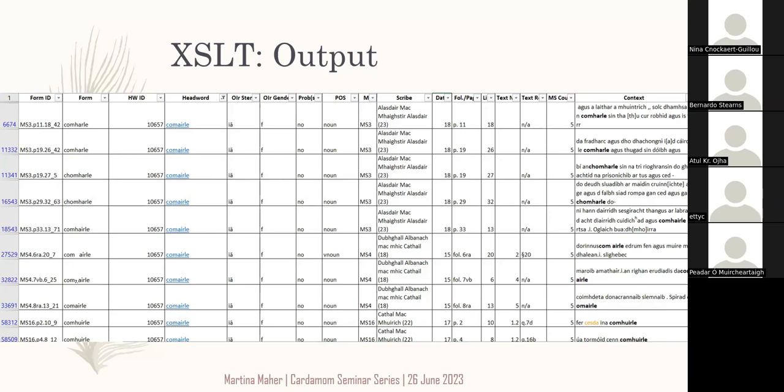And this XSLT is also what generates our supporting XML database that I mentioned earlier, and the headword from Scottish Gaelic is drawn into that, as I said, so we don't have to add it in every single instance, and it speeds up the input of data on our side.